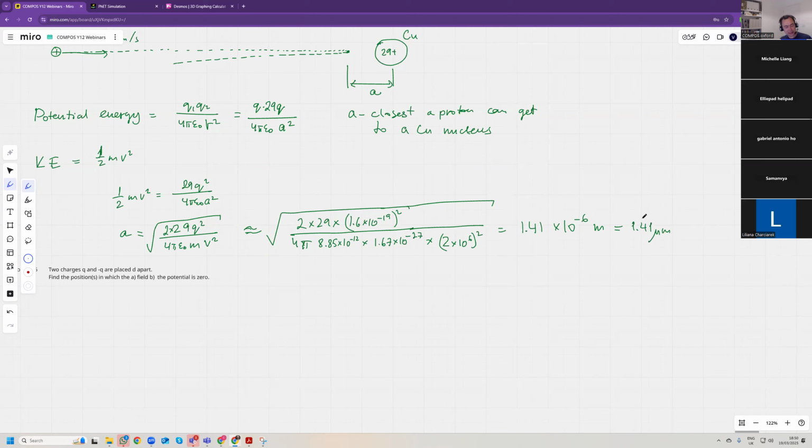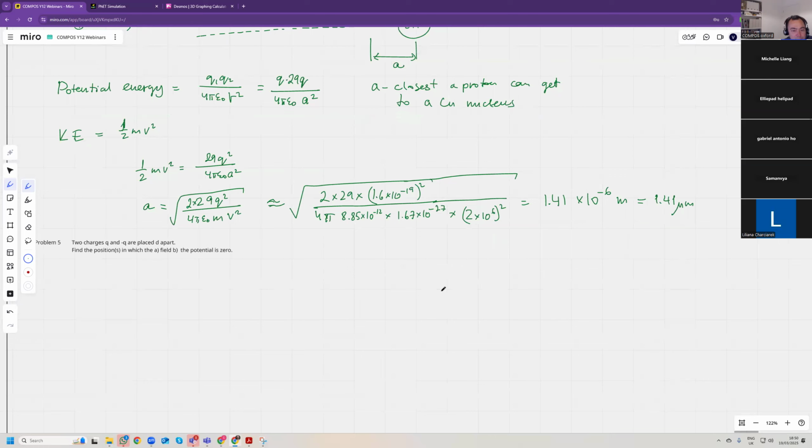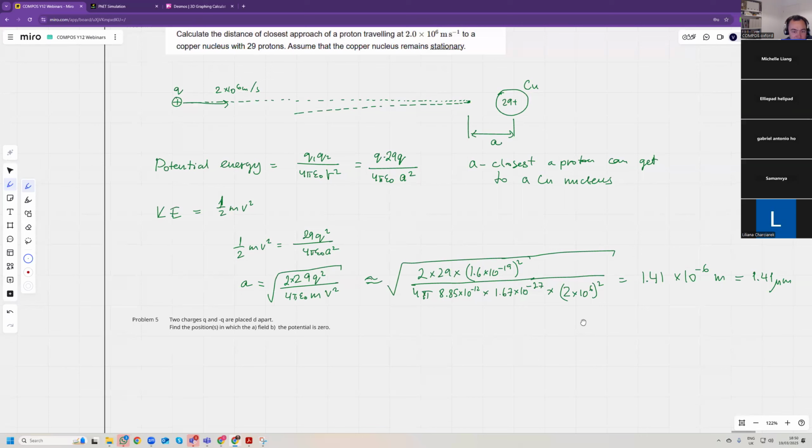Okay, that is bigger than I expected. Honestly, I assumed that it would get somewhat comparable to a nucleus, but no, it's actually much bigger than an atom.